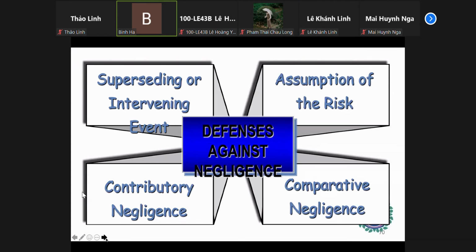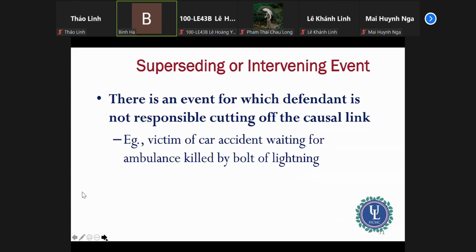Okay, so we look at different types of defense. First of all, we look at superseding or intervening event. Actually, this is a situation where there is an event for which the defendant is not responsible, cutting off the causal link. Remember the fourth element that you need to prove in the tort of negligence, that is the causal link between the defendant's act or omission, which means the defendant's breach of duty, and the loss or injuries that the plaintiff has suffered, right?